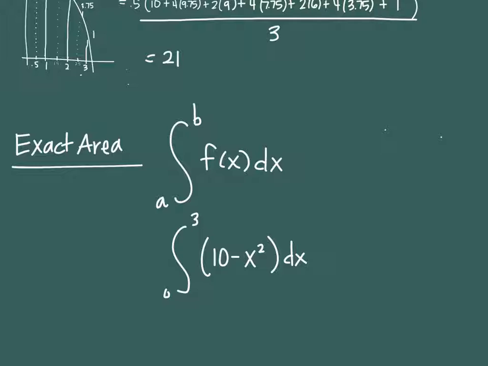If you have an older one, I'll show you what to do. And then you just fill in. This is the symbol for the exact area. So I fill in 0 and 3, and I put 10 minus x squared, and then I fill in x, and I hit enter. And the calculator tells me that 21 was indeed the exact area, and so Simpson's method was exactly right.